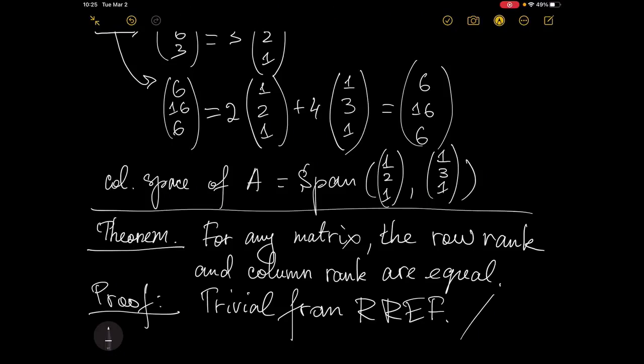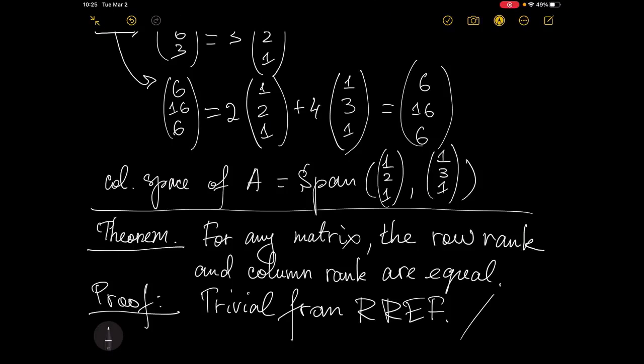But at the same time, the number of linearly independent rows, or non-zero rows, is the number of leading ones, right? But as we know already, in the reduced row echelon form, the number of leading ones corresponds to the number of linearly independent columns, right?